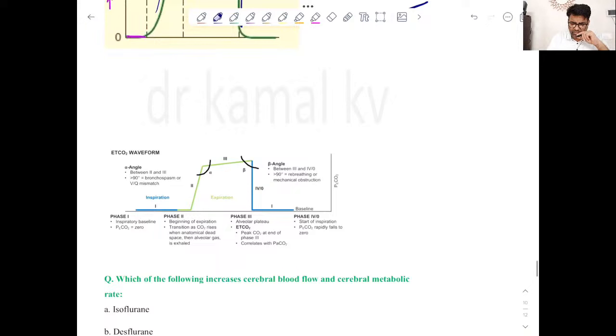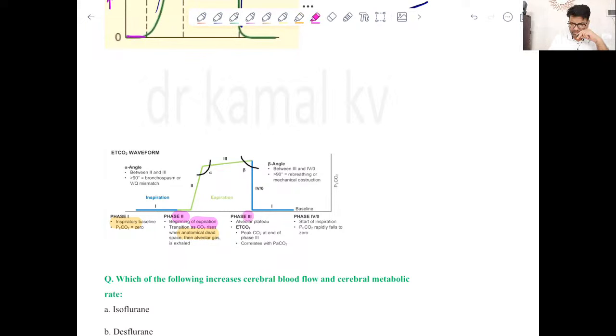So just to give you a basic idea, phase 1 is inspiratory, so obviously CO2 will be 0. In phase 2, there is the beginning of expiration, and CO2 will start coming, and this usually comes from the anatomical dead space followed by the alveolar gas, which is quite rich in CO2, right?